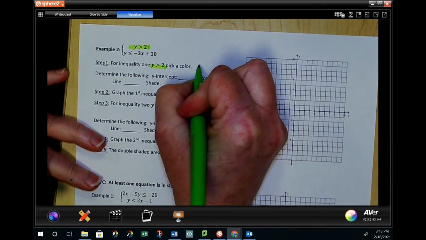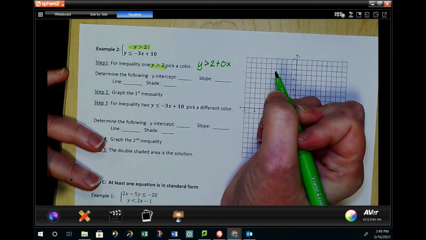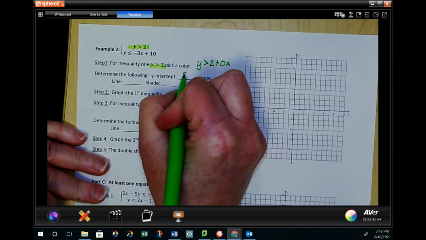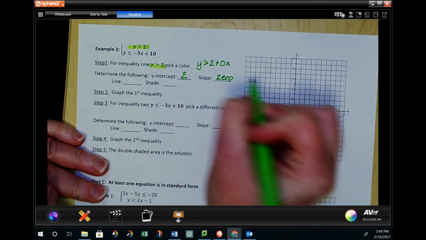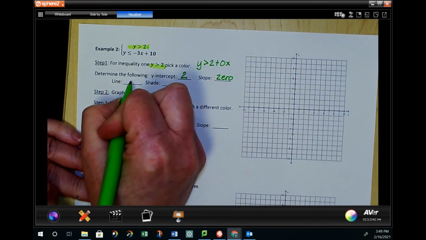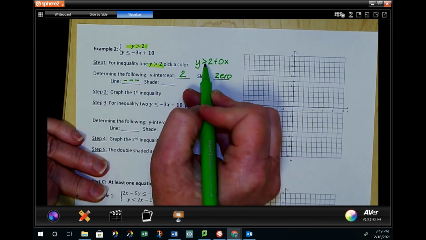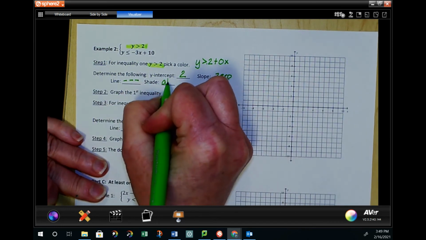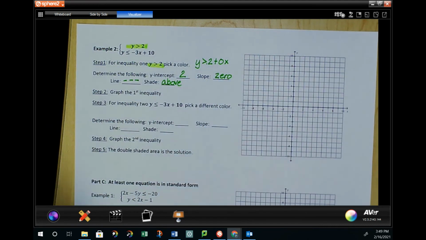This is like saying y is greater than 2 plus 0x. So my y-intercept is 2. My slope is 0. And then there's no line under it, so it's going to be a dotted line, and it's greater than, so I'm going to shade above because it's a greater than symbol.